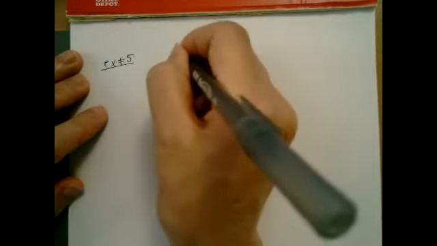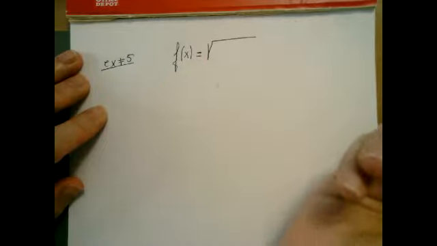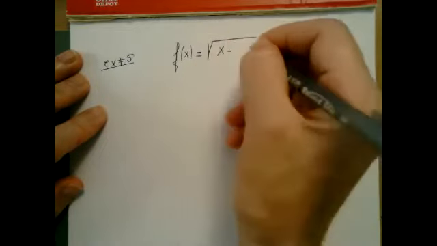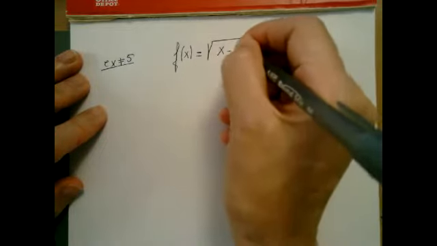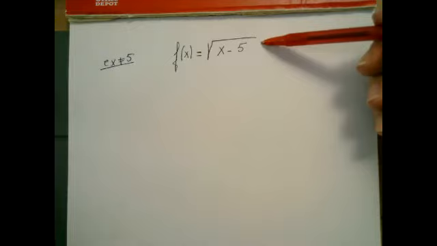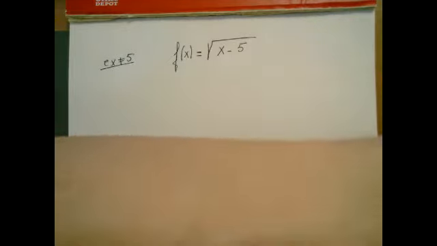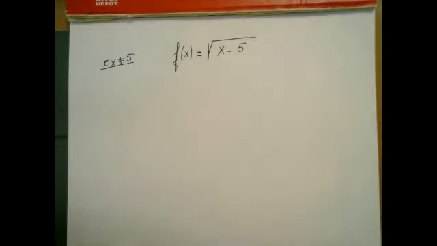Suppose this is my function, f of x equal to the square root of x minus 5. Simple. Whenever I have a square root, that is an issue. What's the issue in this problem? Which numbers are not allowed under the square root? x has to be greater than or equal to 5.